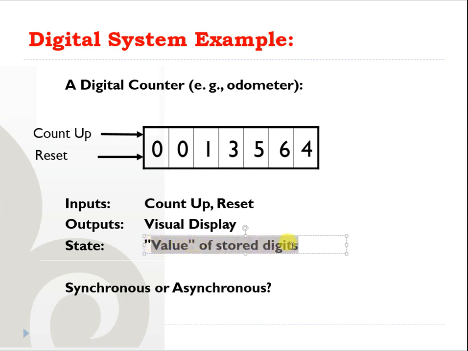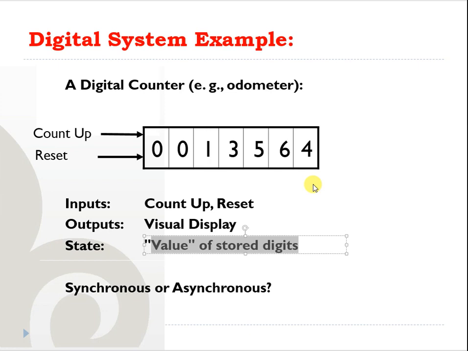So when an input comes here at the count up, the value that we have here will be incremented by 1. So it means that the new value, which is the output for us as well, will depend on the previous value. So it depends on what has happened in the past. And as a result, you can see that the digital counter that we have here is an example of a sequential circuit.